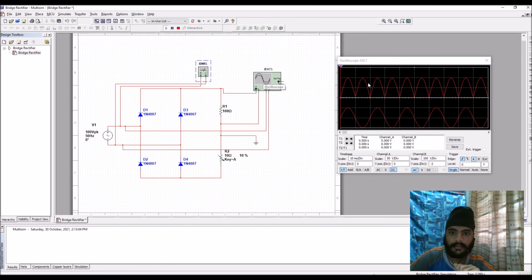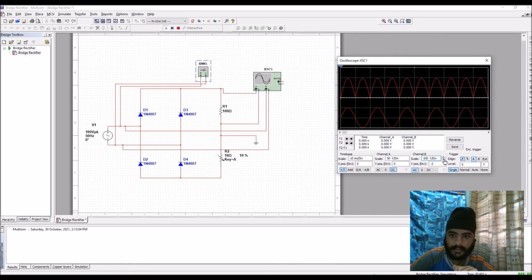Alright, so as you can see here, we can set the scale to be smaller or bigger, and this over here, channel A, is the output that we are going to get from this circuit for the bridge rectifier, and this over here, channel B, is connected to positive over here and the negative will be over here. This is actually a sine wave, as the V in.